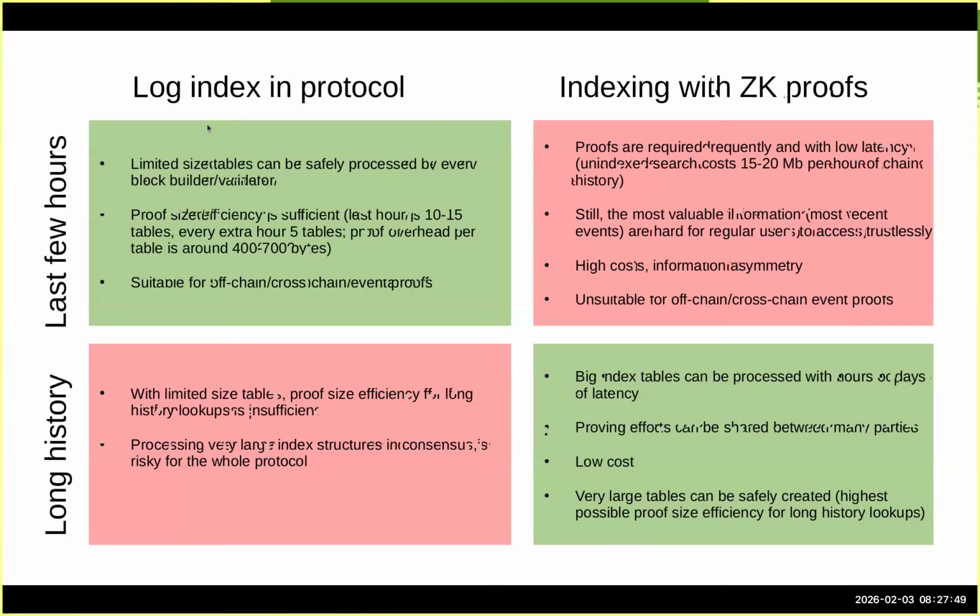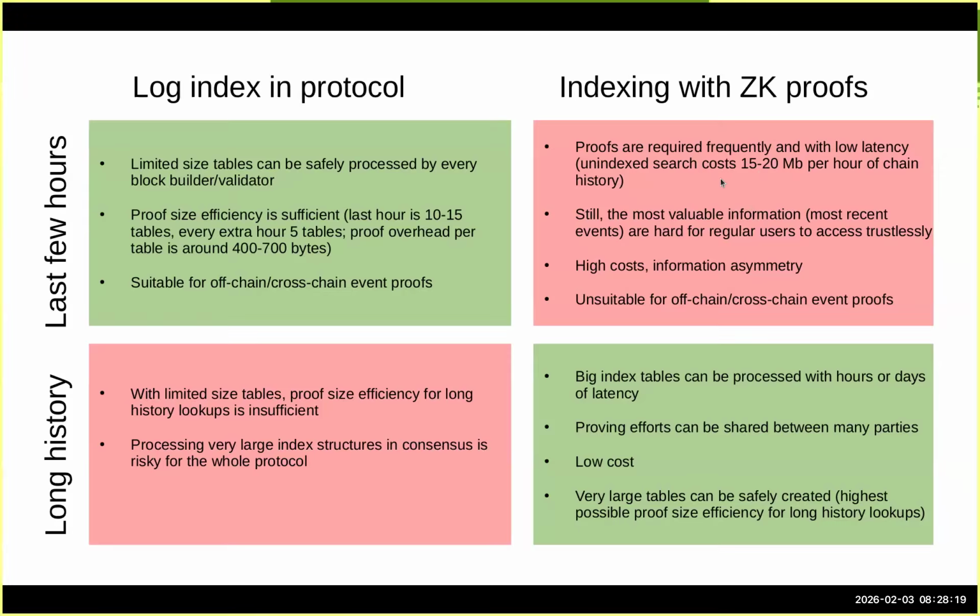I think it's obvious that processing very big tables in consensus has some drawbacks, but if we process everything with ZK proofs, then we don't have the last few blocks, or even the last few hundred blocks, and for all of these we have to just use the complete block receipts to prove anything.